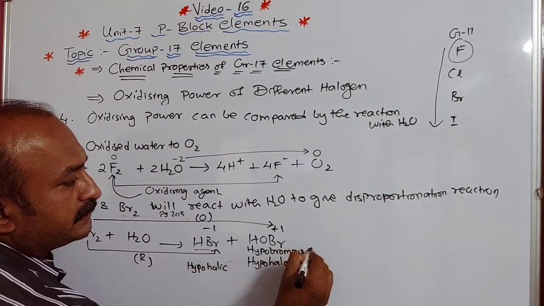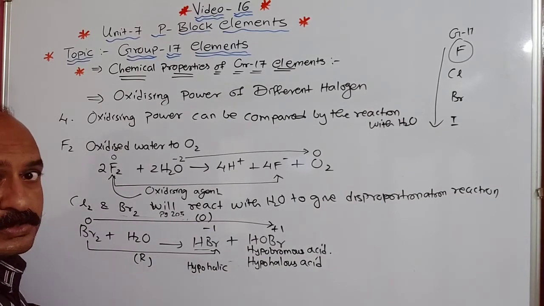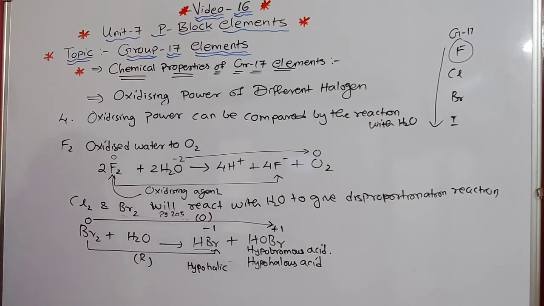Hypobromous acid. Understood? That way it is called hypohalous acid, based on the oxidation number.